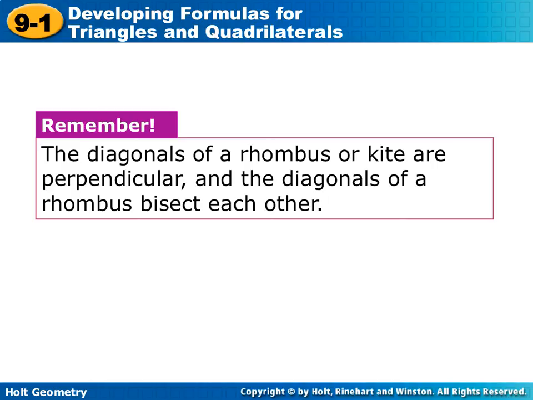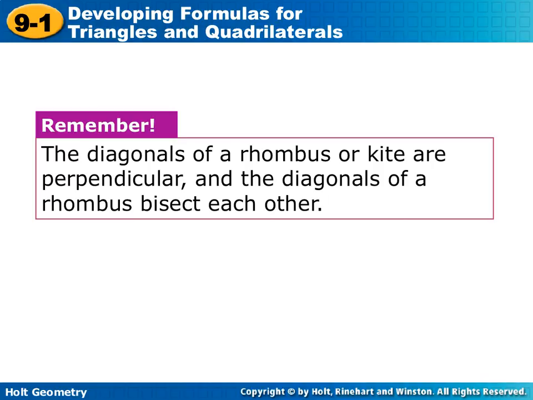So half of this is the area of the kite. Or you could write it 1/2 diagonal 1 times diagonal 2. Rhombus, same thing. First diagonal, second diagonal, multiply. But the rhombus is only half of it.